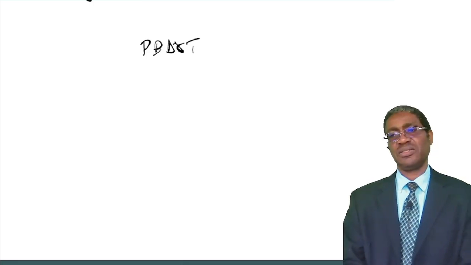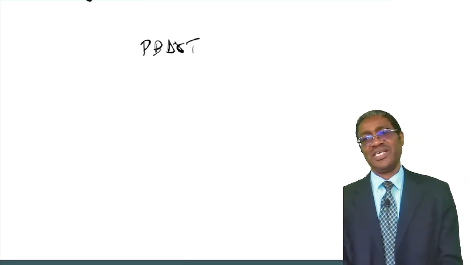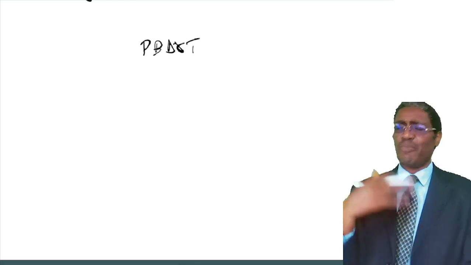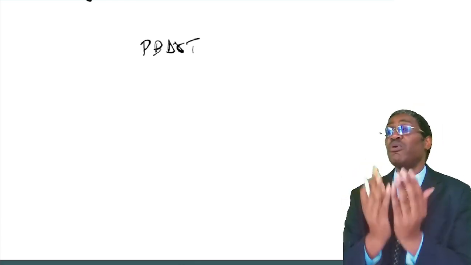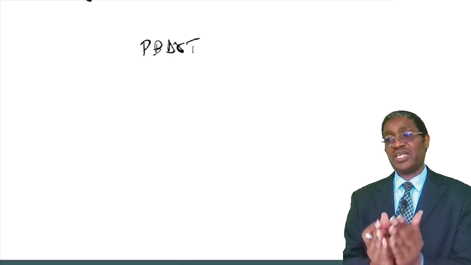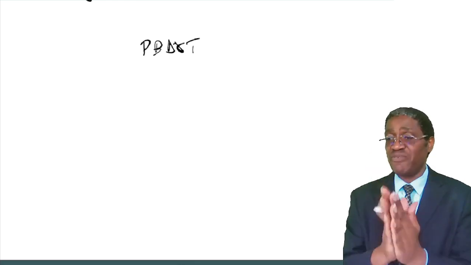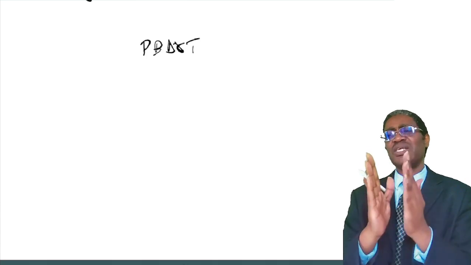Meaning, the examiner may give you what we call profit before depreciation and tax. Let us assume it's a project with uniform cash flows, like the one I was saying, 5 million, 5 million, 5 million every year. But now the examiner does not give you that.